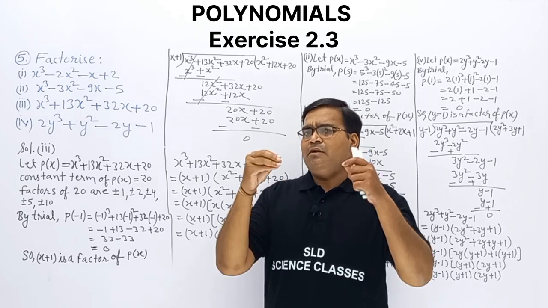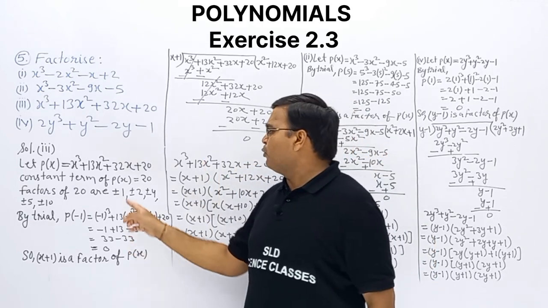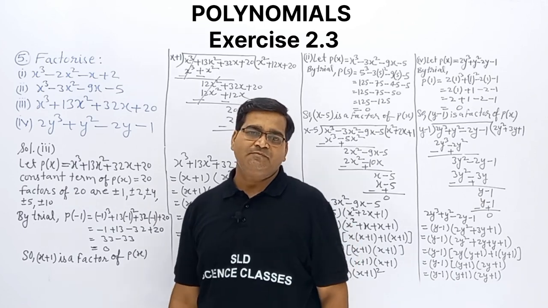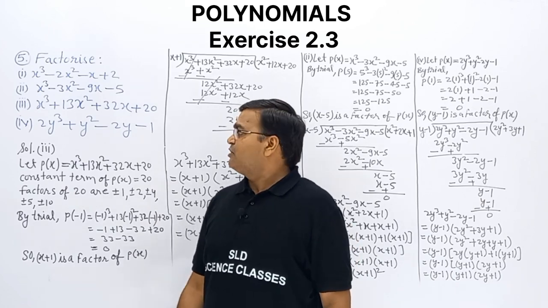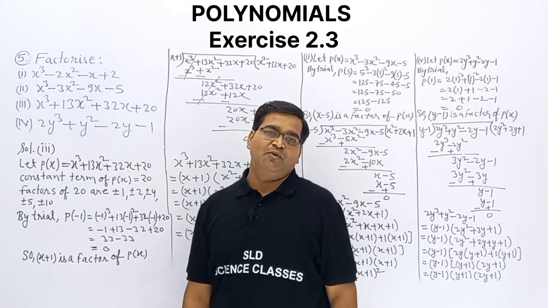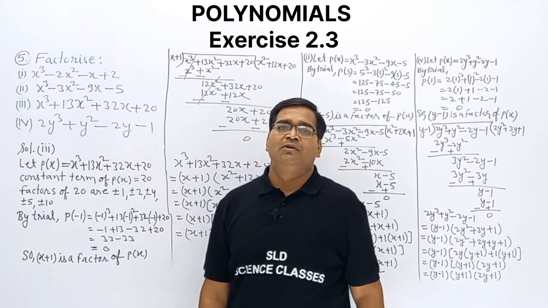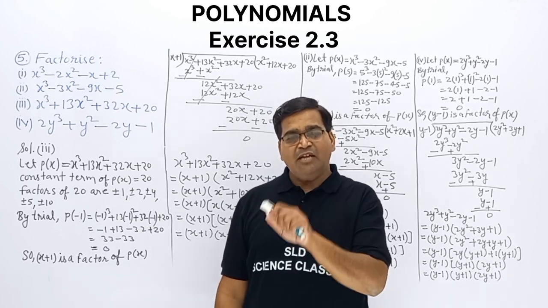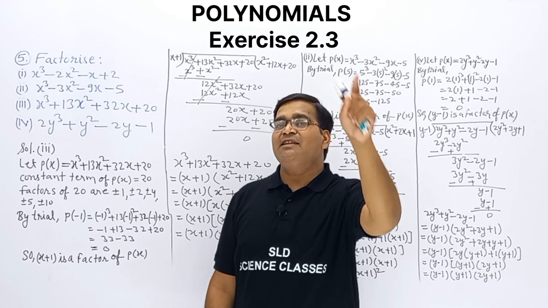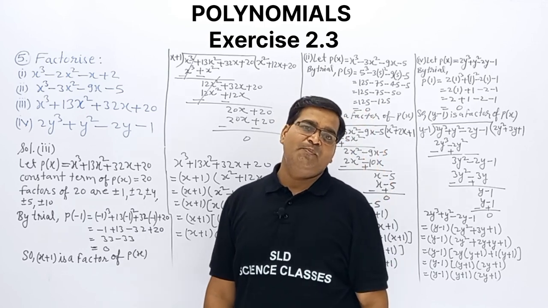Now by trial we will put any value and check where this polynomial has 0. Once we obtain 0, then that point is the 0 of that polynomial, and x minus a will be the factor.